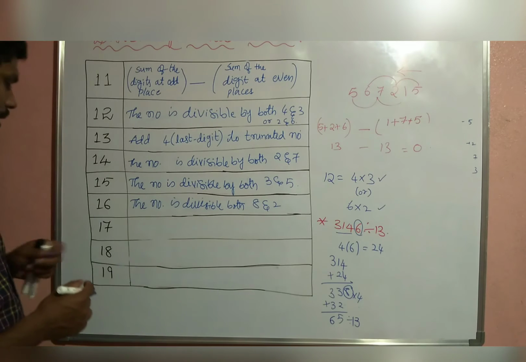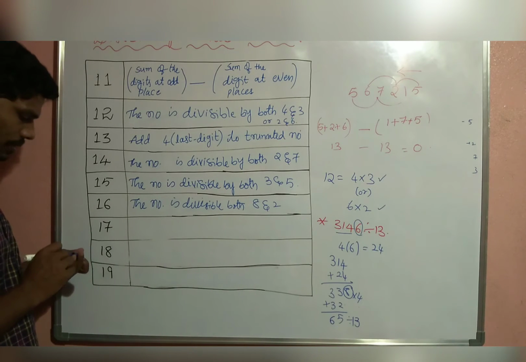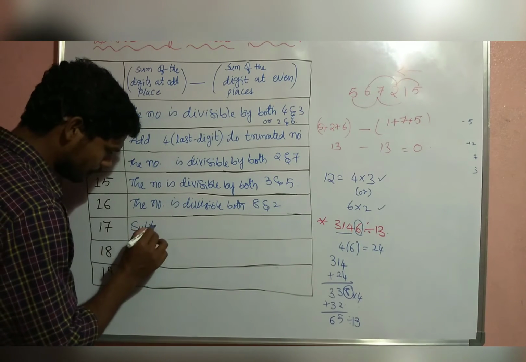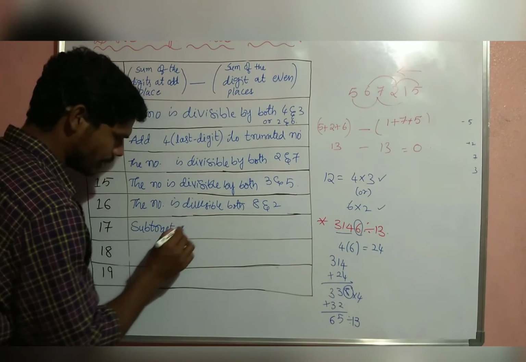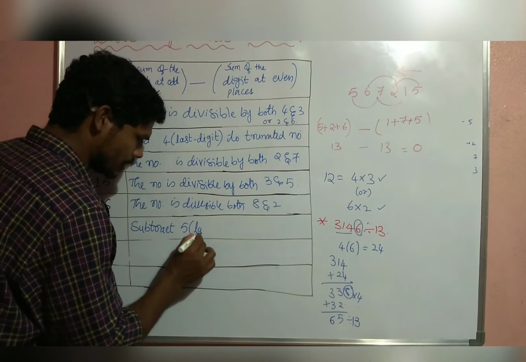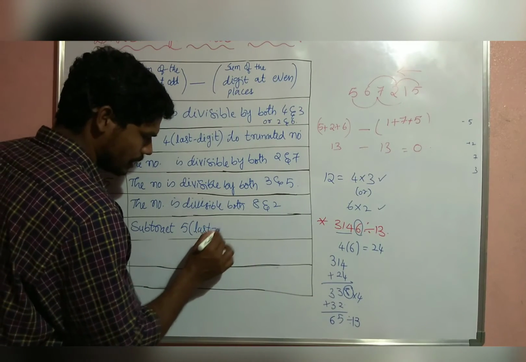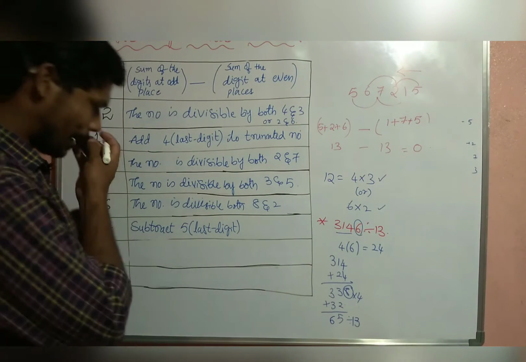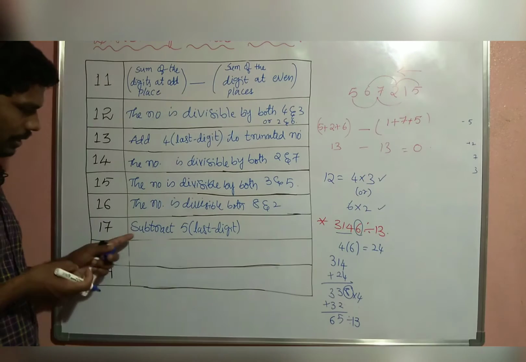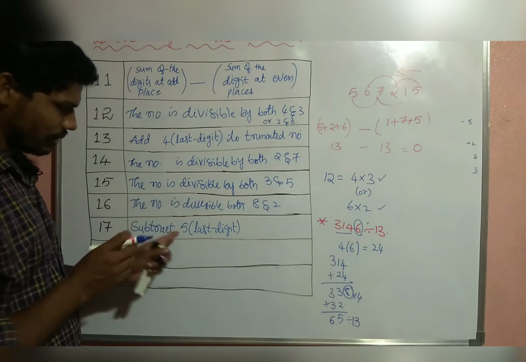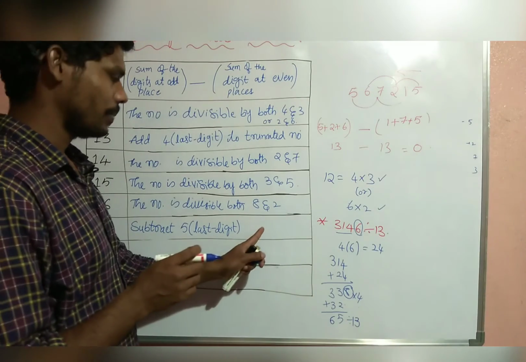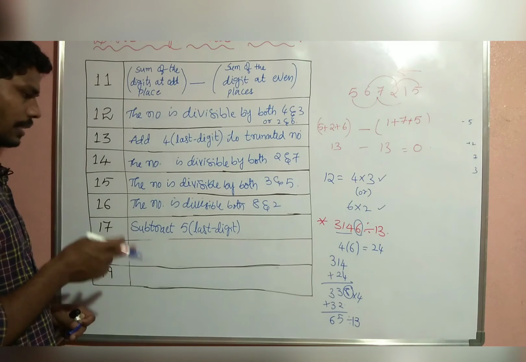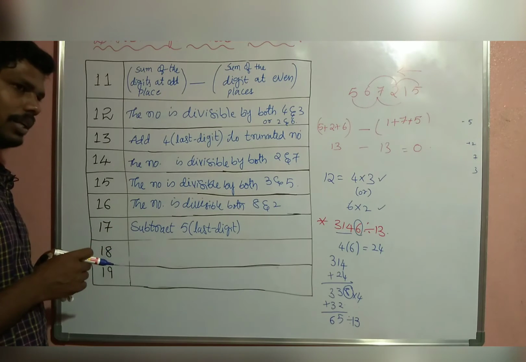Now come to 17. The divisibility rule of 17 is: subtract 5 times the last digit of the given number from the remaining truncated number. The result is divisible by 17.